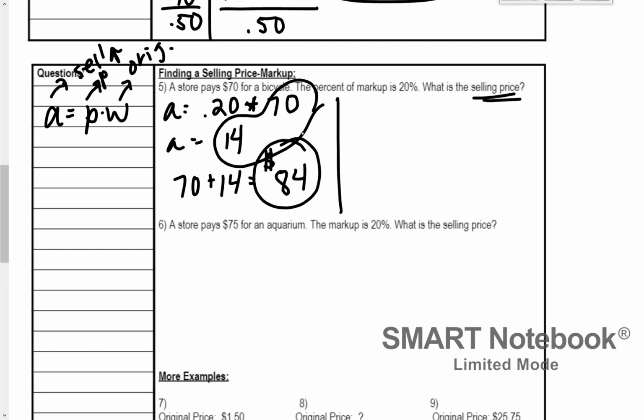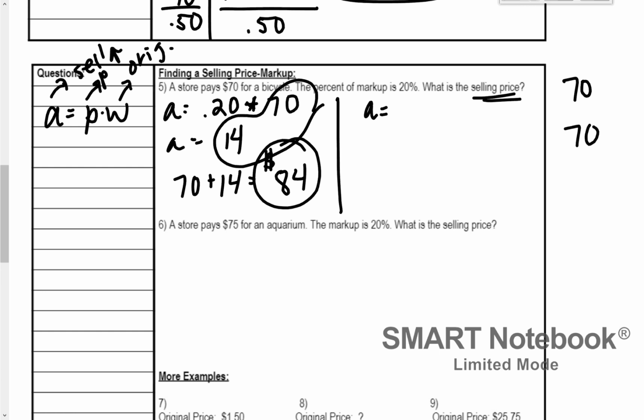There's another way you can do this without having to do that last step of adding, and that would be to fill out our equation. Now, when you mark something up 100%, that means you're marking it up to that price. So if I have a $70 bicycle and I'm marking it up 100% of what I bought it for, I'd be selling it still for $70.